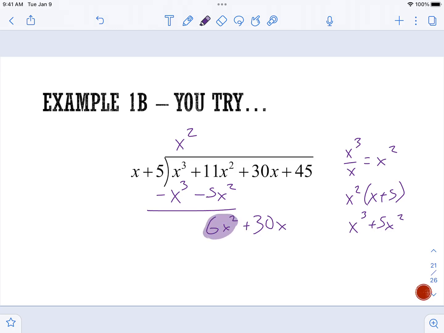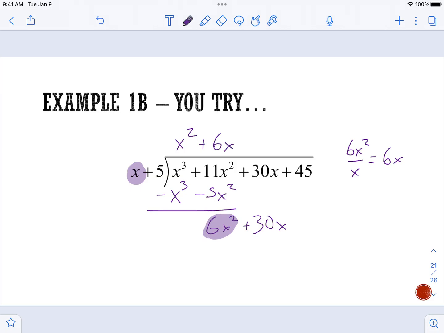I'm going to divide the 6x squared by x now. 6x squared over x equals 6x. So that is the next term of my answer. Now I'm going to take 6x and multiply it by x plus 5.